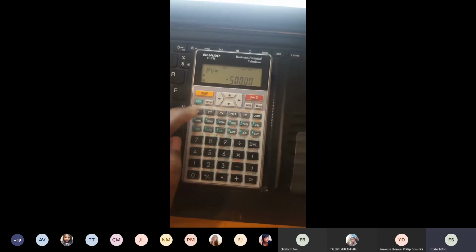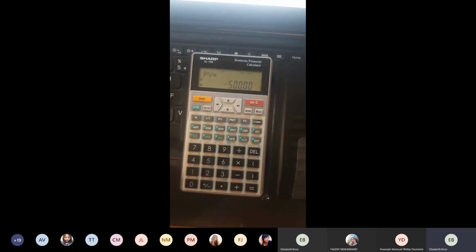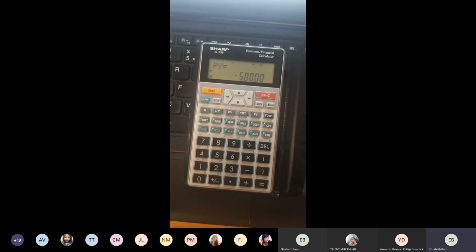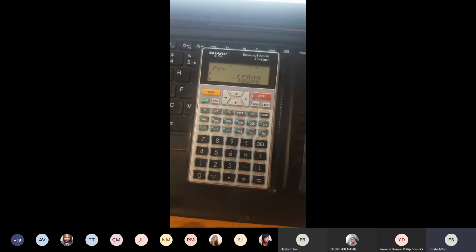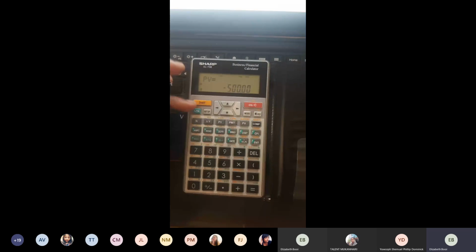For example, if I know that it's compounded monthly and I have 10 years, 10 times 12 gives me 120. You don't even have to use second function; you can go in and say 120 N. It stores it as a new value, and it will store that value as your period.